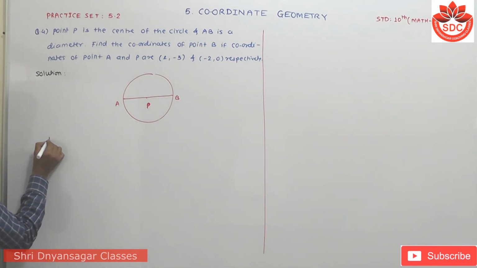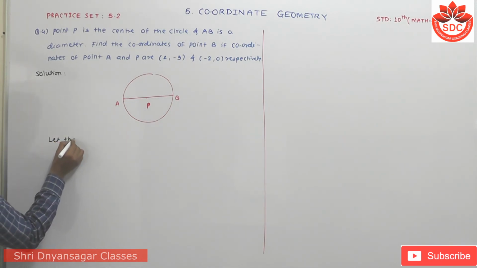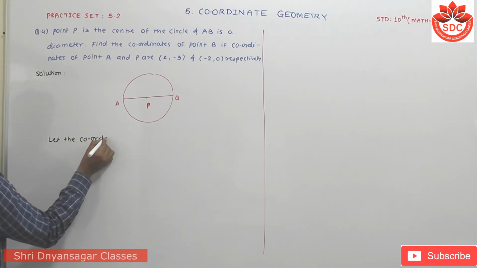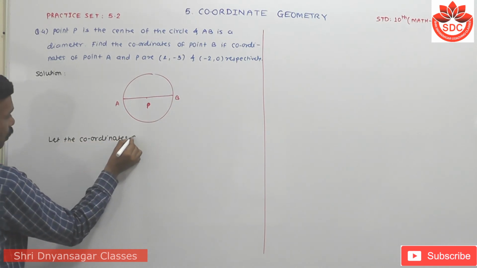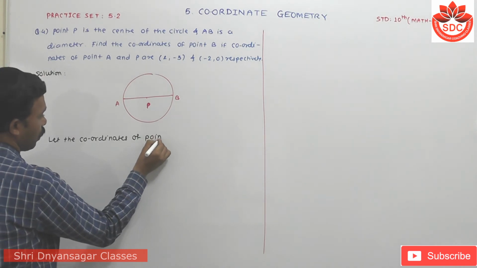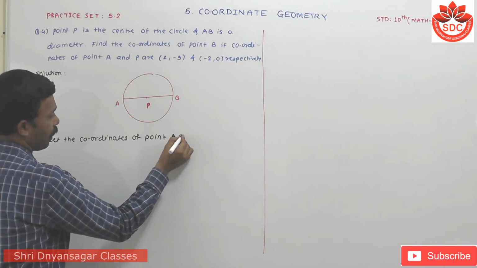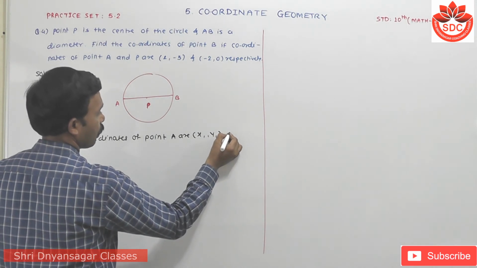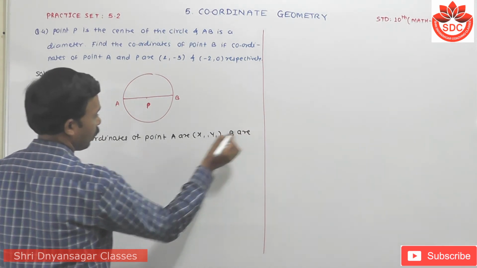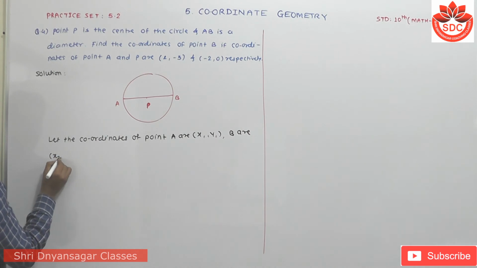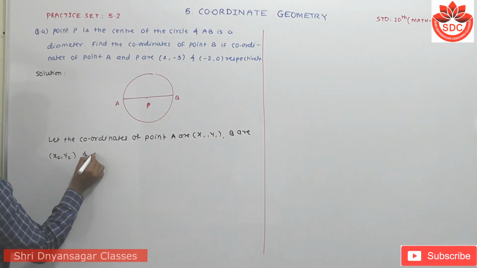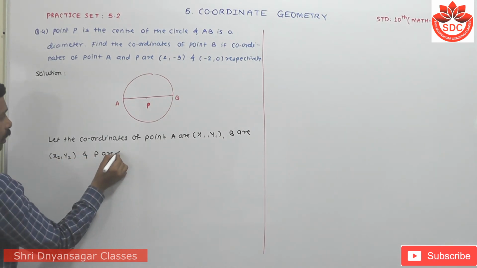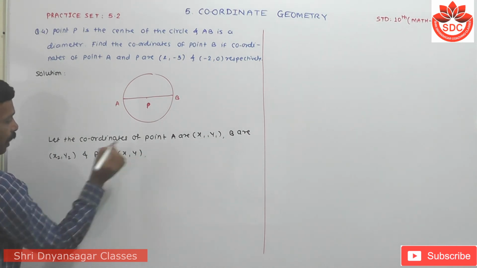Now let the coordinates of point A be x1, y1, B be x2, y2 and P be x and y.